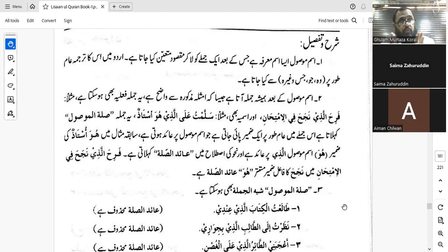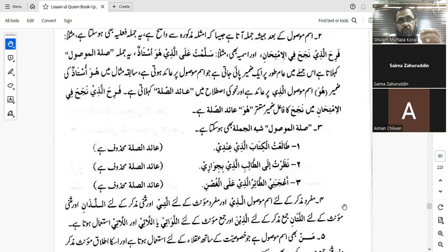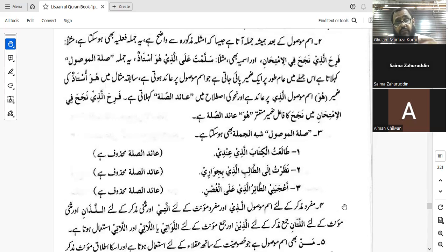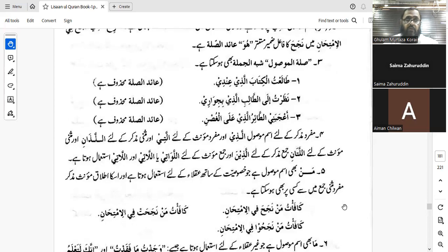So al-ismul mawsul with silatul mawsul becomes a na'at for the preceding noun, al-man'ut. And if there is a zamir, marfu munfasil or mustatir, that refers back to ismul mawsul, that is alladhi or alladhani or alladhina, and that becomes aidus sillati.